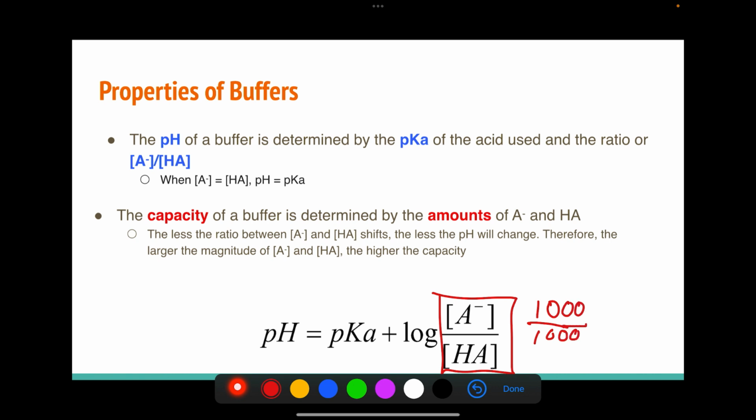Now imagine we shift this ratio by 1, giving us 999 A- and 1,001 HAs. Relative to the initial amounts, this shift is much less significant. Therefore, the larger the magnitude of A- and HA, the larger the capacity of the buffer system.